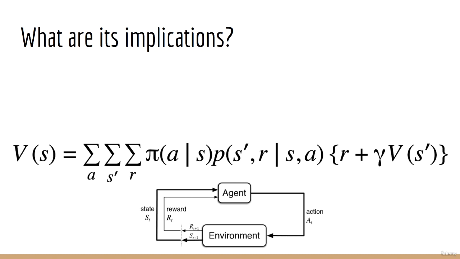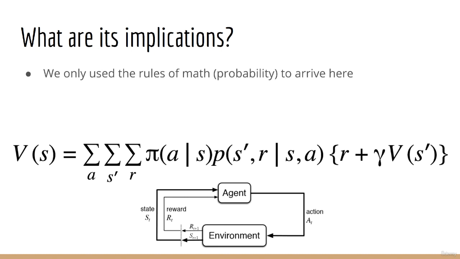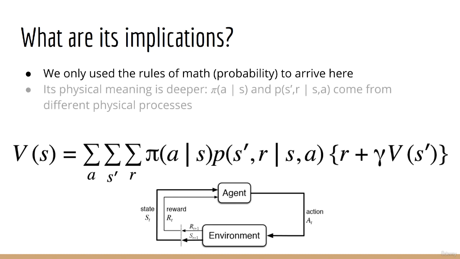It's worth thinking about the Bellman equation a little more. Notice that, in order to come up with this equation, we only use the rules of mathematics, the rules of probability. It seems like just a regular old expected value. However, the implications are deep. It's interesting to consider that the two probabilities here, pi of A given S and P of S prime and R given S and A, come from totally different physical processes.